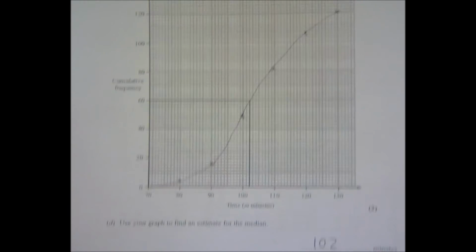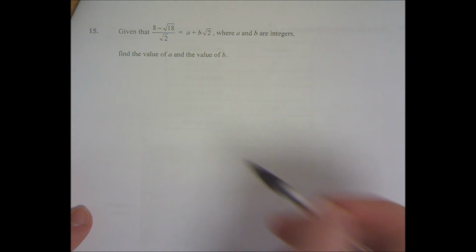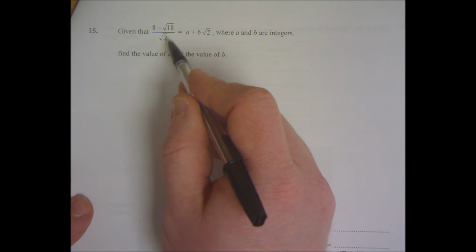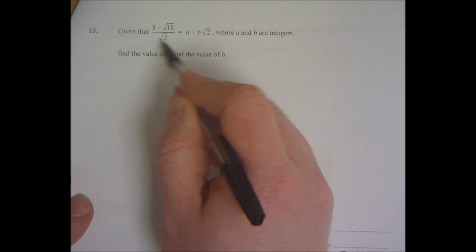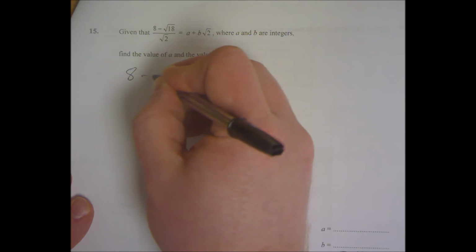Moving to number 15. So if I'm trying to do anything with surds, it's normally rationalizing, so I'm going to be trying to get rid of that root 2 on the bottom. So if I've got 8 minus root 18 over root 2, that means I'm going to times top and bottom by root 2.